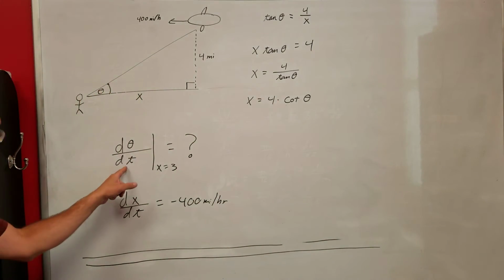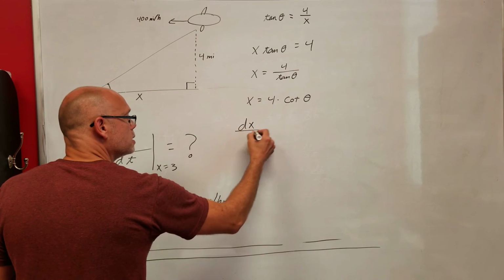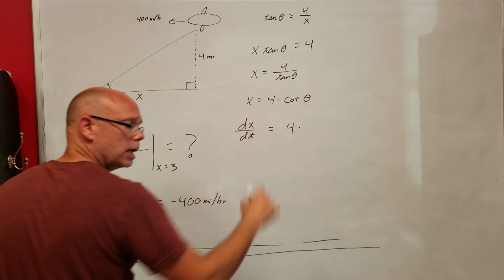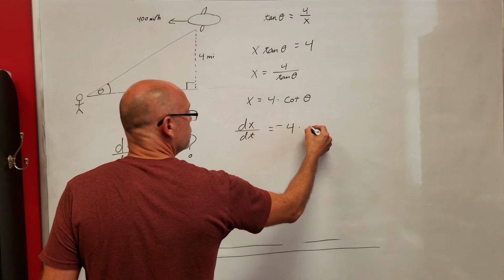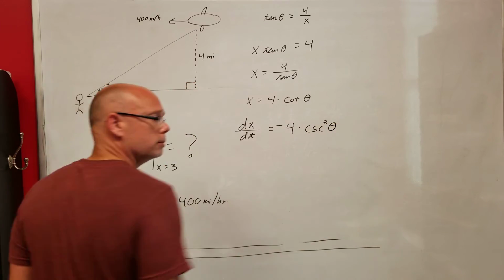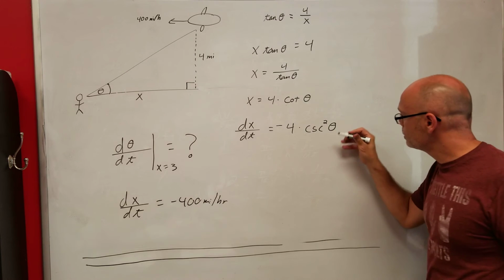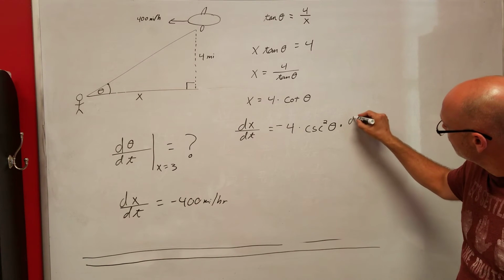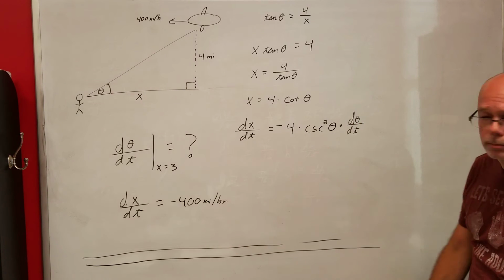So let's take the derivative with respect to t of both sides. So I have dx over dt is equal to 4 times the derivative of that. What's the derivative of cotangent? Negative cosecant squared, right? But I need times the derivative of the inside. What's the derivative of the inside with respect to t? d theta over dt.